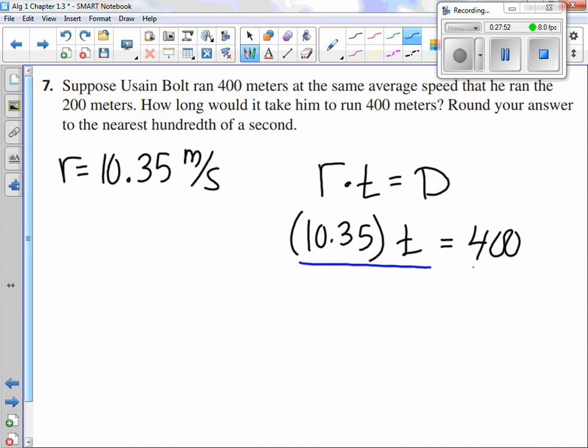We're going to divide both sides by what? Exactly, 10.35. When we divide both sides by 10.35, 10.35 and 10.35 cancel, leaving t by itself.